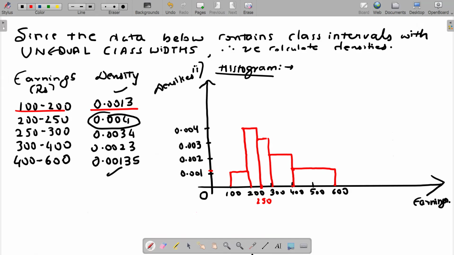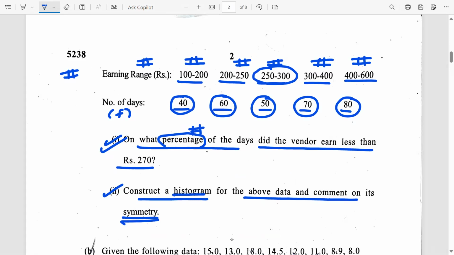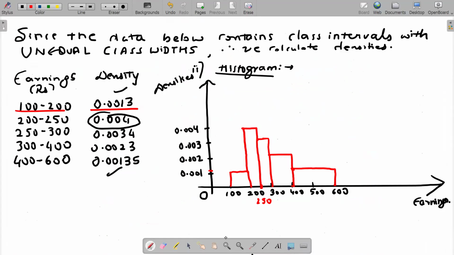And if you look at the skewness of it, you can clearly see that it's a positively skewed histogram. So comment on its symmetry. The question was asking us to comment on its symmetry. If you look at the histogram, it's positively skewed. If I take the midpoints of it and if I join them, you can clearly see it's like a positively skewed histogram.